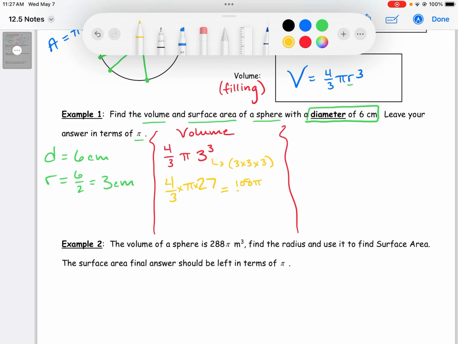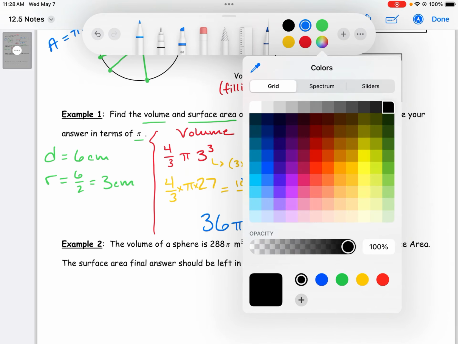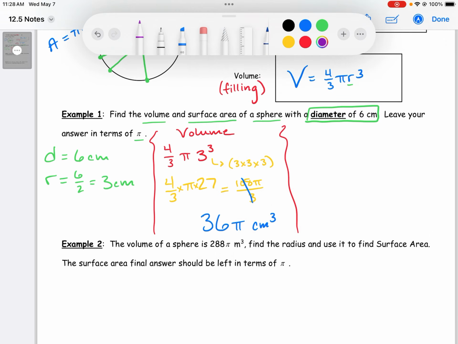So 4 times 27 is 108 times pi over 3. And the last thing we want to do is reduce. 108 divided by 3 is 36 pi. And this is volume, so it's going to be centimeters cubed. And it says leave it in terms of pi, so we are good leaving that pi symbol there.